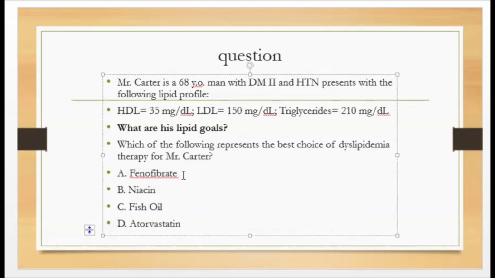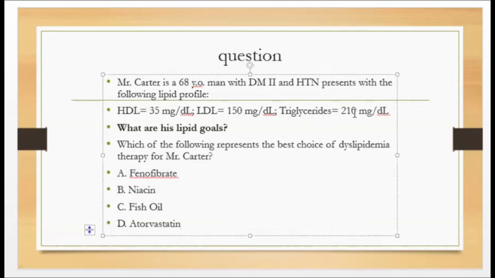But another thing you need to look at, the problem here is it's not the triglyceride. The guideline says if somebody has triglyceride even up to like 310, 350, educate them on lifestyle management. Okay?